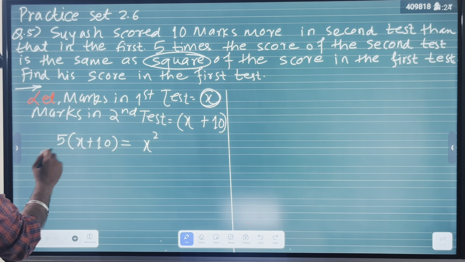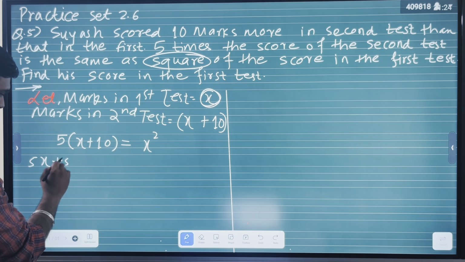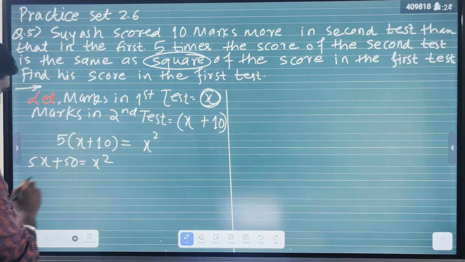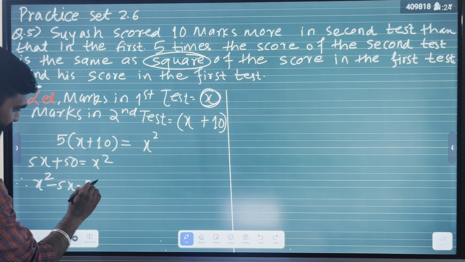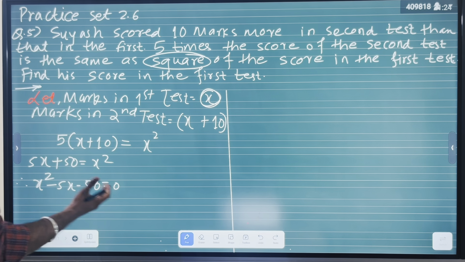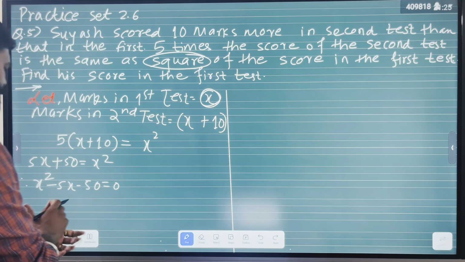So let us simplify this. 5x plus 5 into 10 is 50 is equal to x square. So we can easily simplify this. So this will become x square minus 5x minus 50 is equal to 0. So this is the required quadratic equation. Now we can solve this quadratic equation.